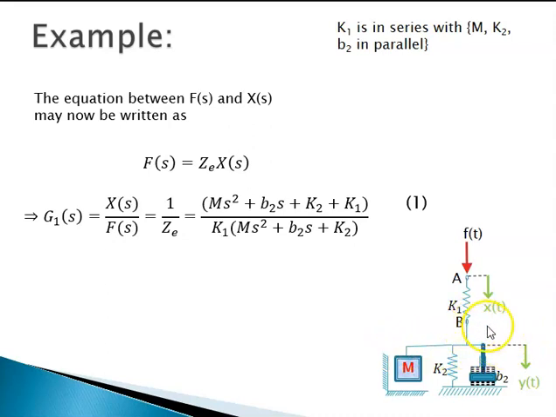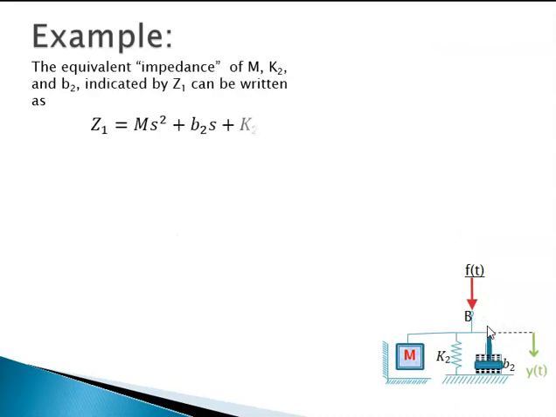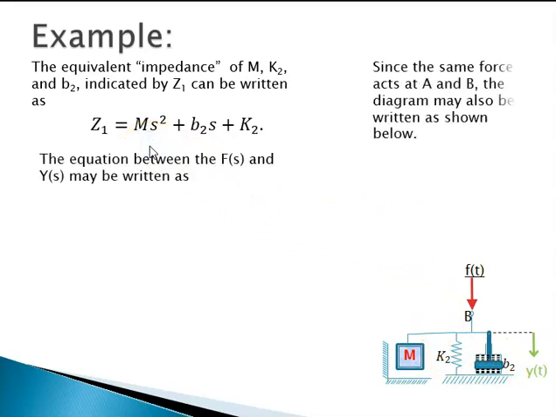So we redraw this diagram as shown here in this picture and find the net impedance between y of t and ground. Between y of t and ground is ms square plus b2s plus k2. That we have noted here.